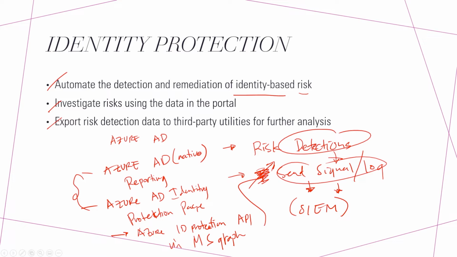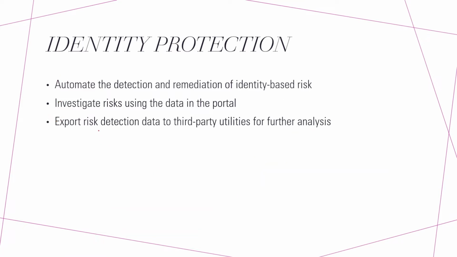Right, so currently identity protection detects 6 types of risks. Let me just clear my screen here. Risk detection types.